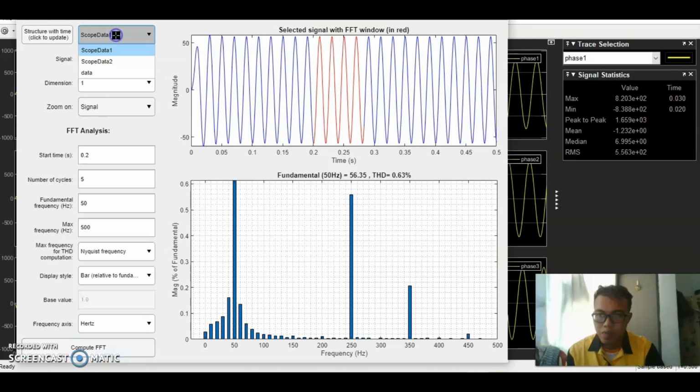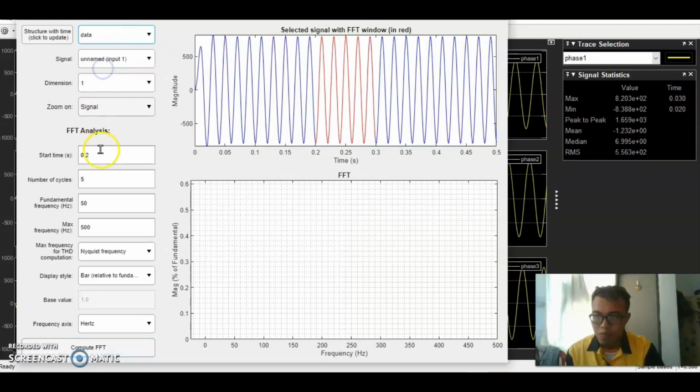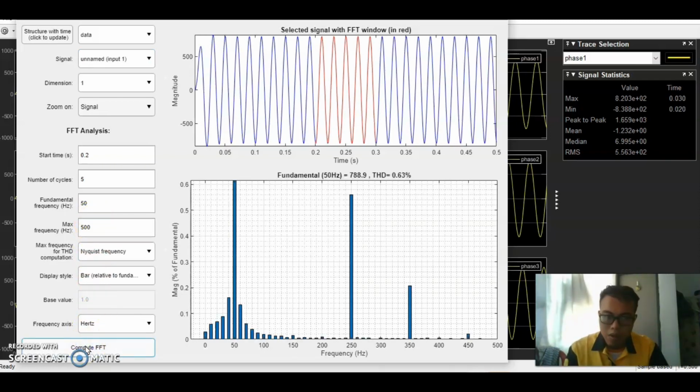For the voltage, same start time 0.2, number of cycles 5, fundamental frequency 50 Hz and maximum frequency 500 Hz, and we compute it. Also, we get a THD below 7%, which is 0.63%.